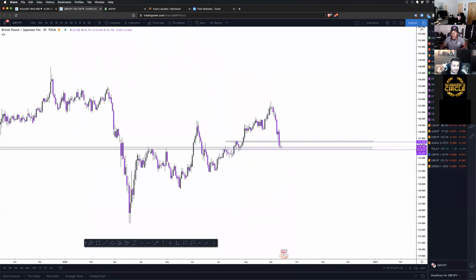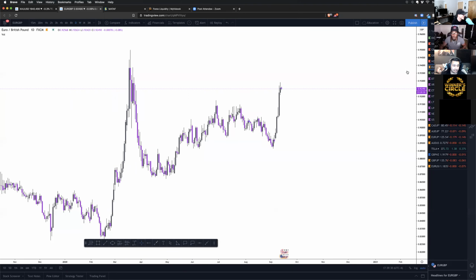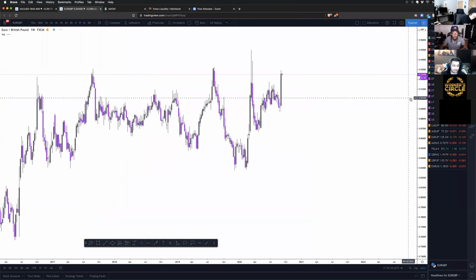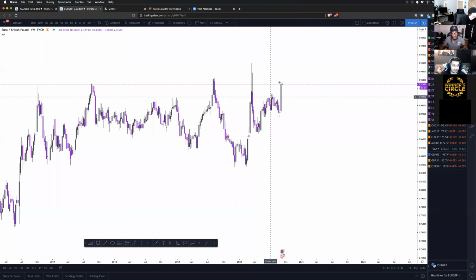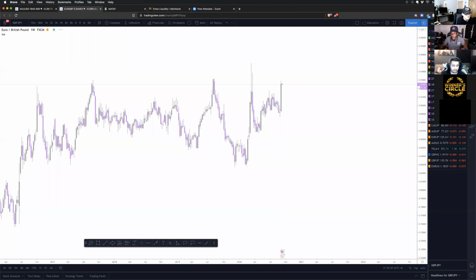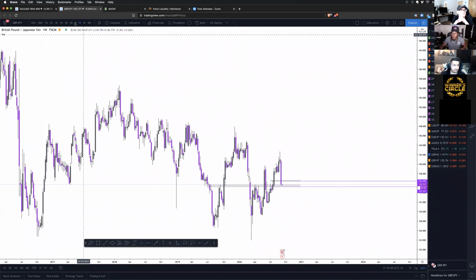And then another cross comparison you can do really quick would be something like Euro pound. So, you see Euro pound was extremely bullish last week, while the Euro was bullish and the pound was bearish last week. So that's something that I'll do just to make sure that my bias is correct.